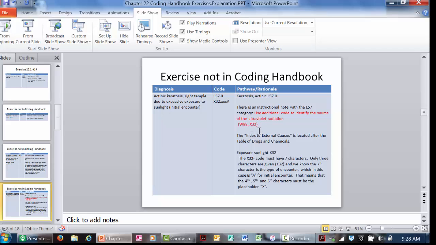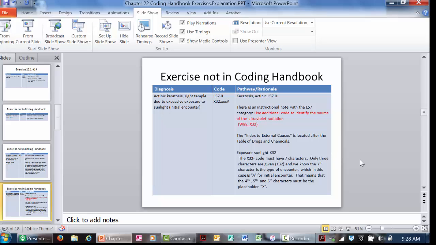If we look at the index to external causes, that's located right after the table of drugs and chemicals, and if we go to this path, exposure, sunlight, it is the X32 code. But you notice that the code has to have 7 characters, and that means we're going to need some placeholders.